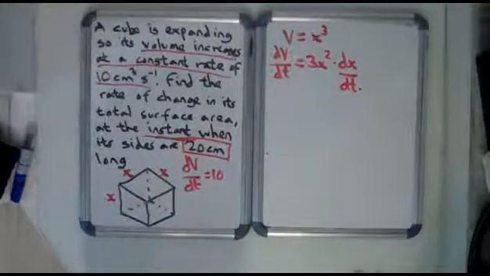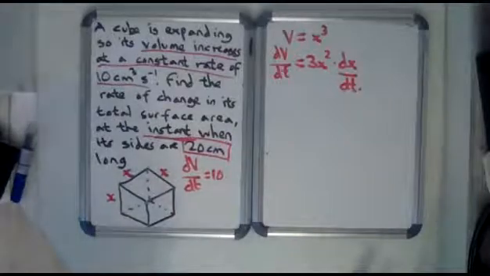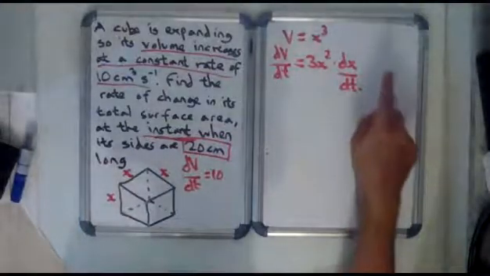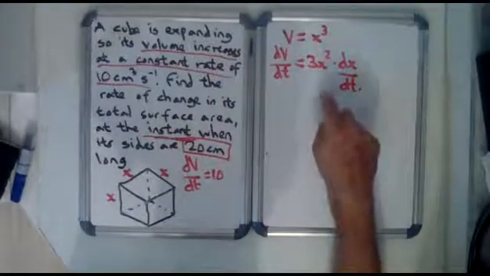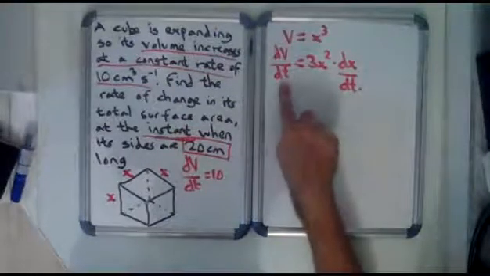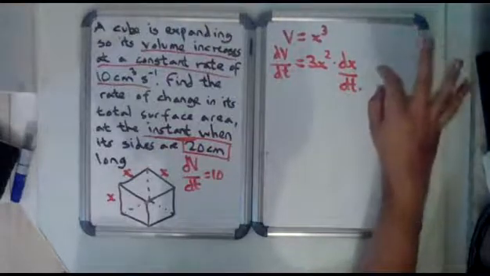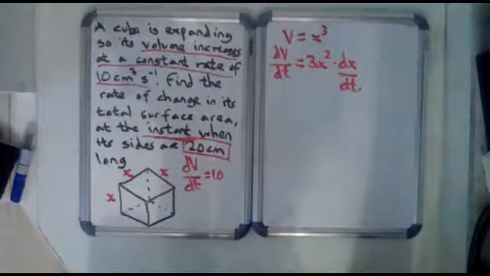That could actually be quite useful, because out of these terms, when the side length is 20, you can use this 20 here, and you know that dV by dt is constant, so that would tell you the rate of change of the side lengths at that point, which will probably be useful later.